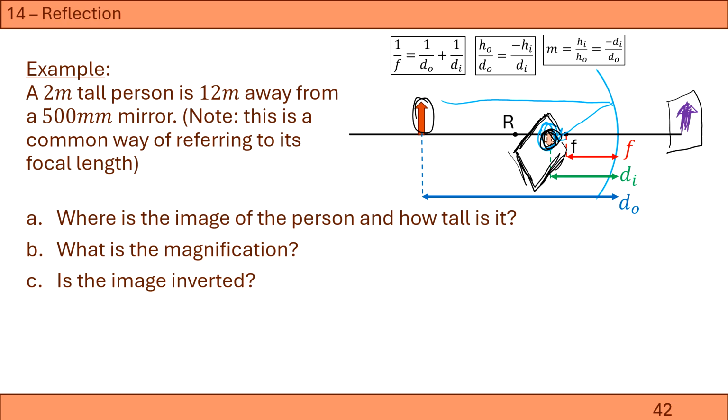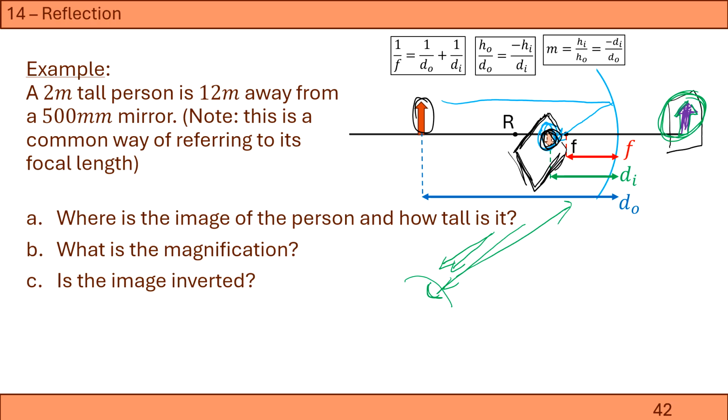If your eyeball looks at this mirror, you're going to perceive an object in the mirror dimension because according to your eyeball, the light rays that it's going to receive are all indicative of an object existing at this location. So yeah, keep that in mind with real versus virtual images.